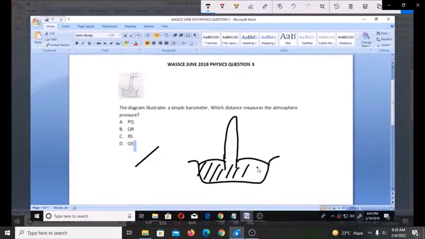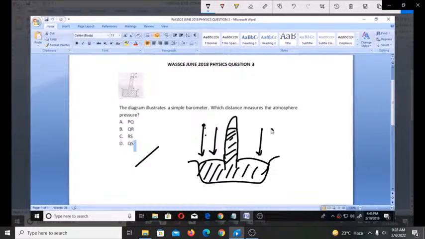This is the mercury, and it's inside this tube up to a limit. So you have the atmospheric pressure acting downward, pushing this mercury.